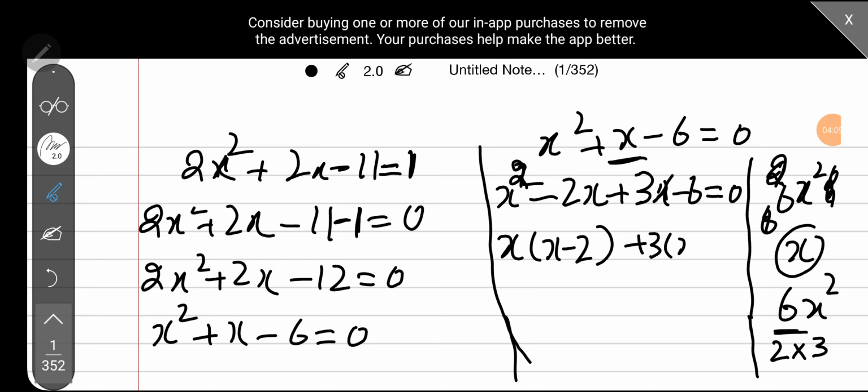Now taking common, 3 is common. Sorry, it will be minus 2.